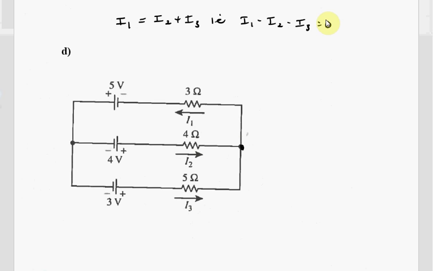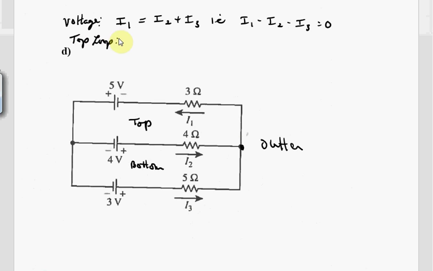Now, if we take the top loop, the bottom, and then we take the outer as well. So if we look at the top loop, start from this node here.